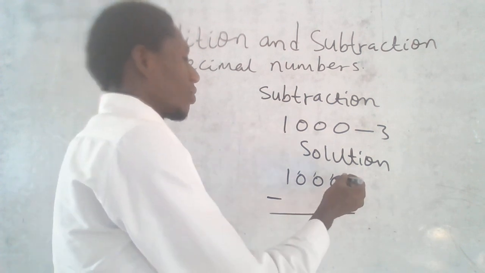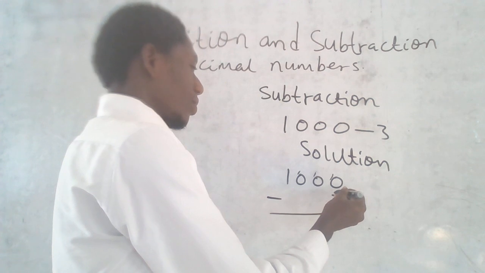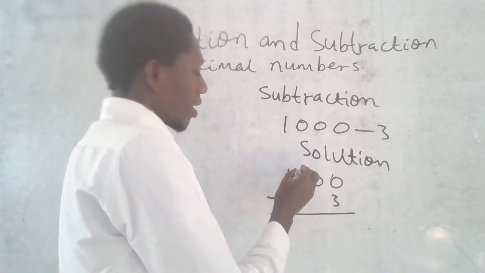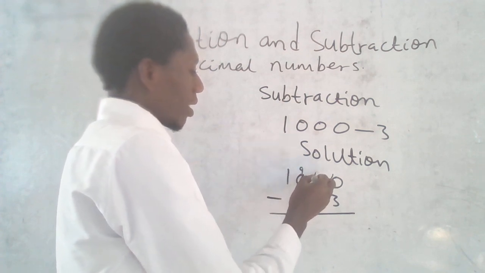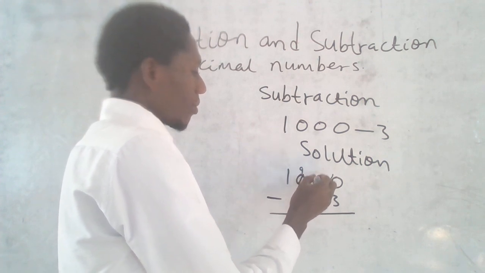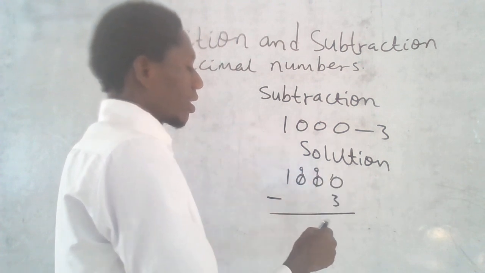Okay, so now 10 minus this, okay, here is 10. We have taken 1, 10 minus 1 is 9, and also we have taken 1 from here, so 10 minus 1 is 9, here is 10.